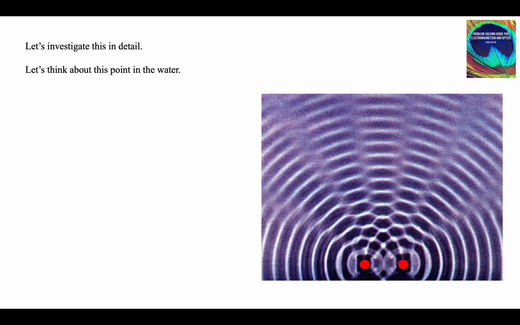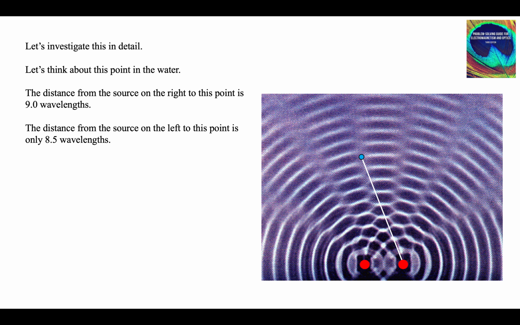So I'm going to give you some points in the water, and you tell me the path difference. Here's one right here. This point right here. Let's think about this point. We can measure the distance from the source on the right to that point. It's 9 wavelengths. We can measure the distance from this source on the left to the point. That's 9.